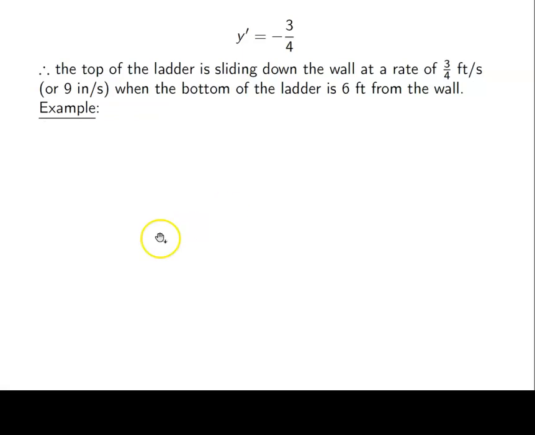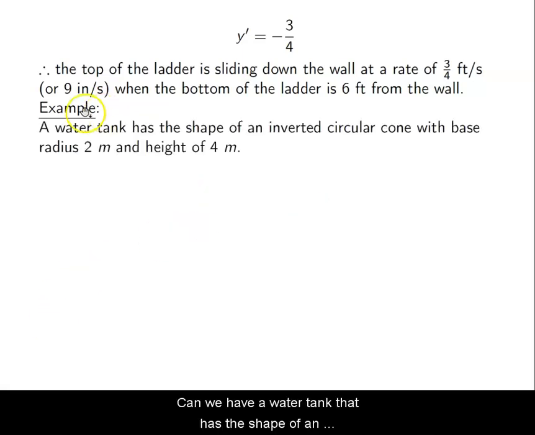Here we go. Let's say that we have a water tank that has the shape of an inverted circular cone. Before I move further, let's think about what an inverted circular cone is. Generally when they say a cone, they mean that you have a base and it comes to a tip, kind of like a pyramid, but circular, right?